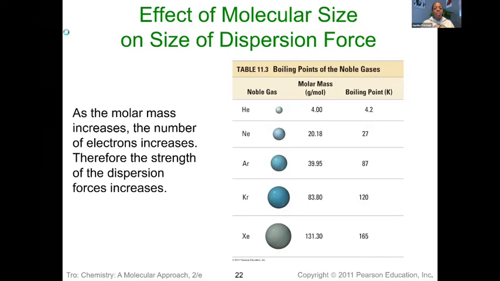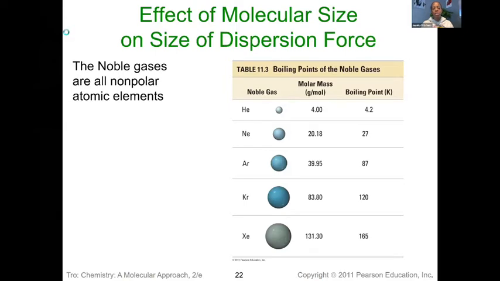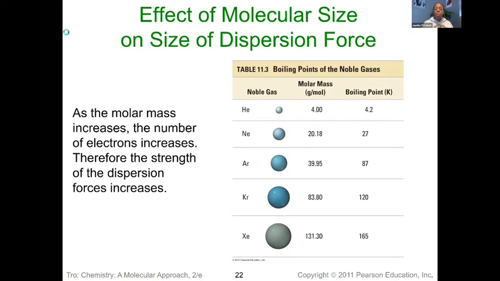Again, this really does impact things like the boiling point. If we look at this series of noble gases, we know they are all in the same column, the same group. As you go down the group, we know we're adding more and more electrons, and the molar mass is getting bigger and bigger. Look at what's happening with the boiling point: it's getting higher and higher.